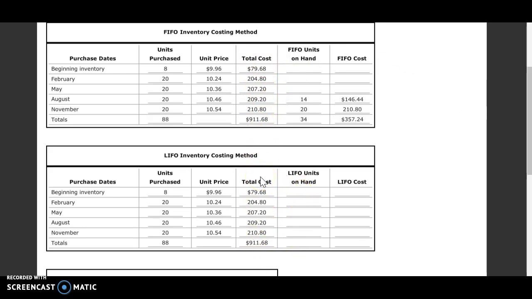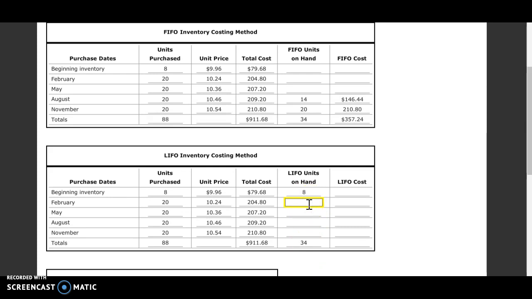Okay, so LIFO now. LIFO is last in, first out, meaning the last stuff that we bought is going to be the first stuff we sell. So that tells us this information is going to be blank down here. We're going to start up at the top. So right away, I'm going to put that 34 down at the bottom because I should have 34 total at the end. Okay, and I'm going to start at the top. I'm going to use all 8 from above. Okay, so I'm going to subtract 34 and 8.